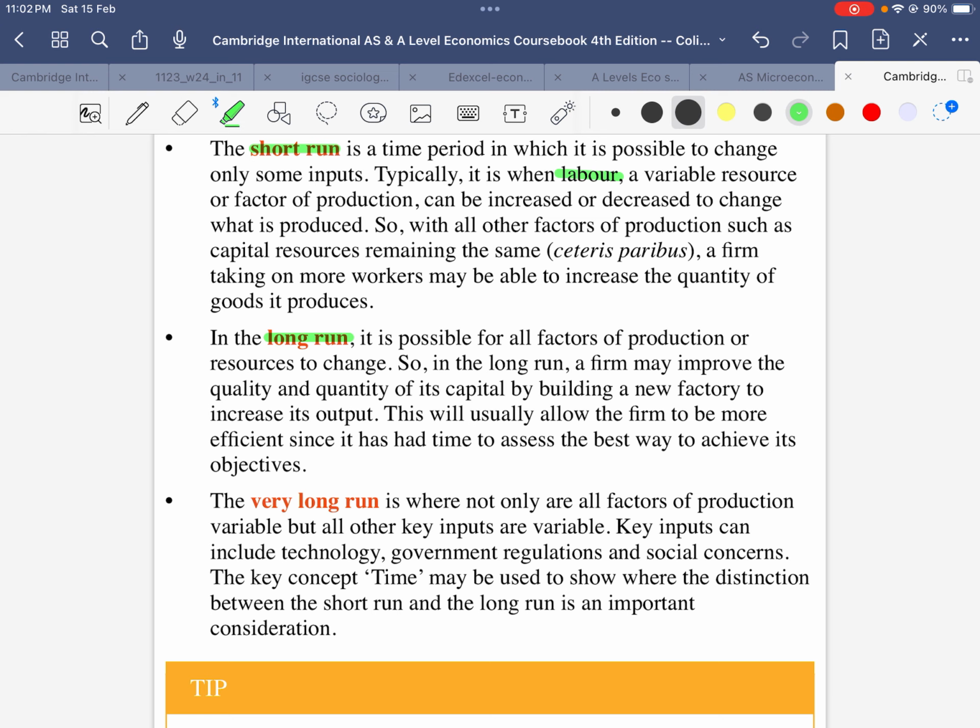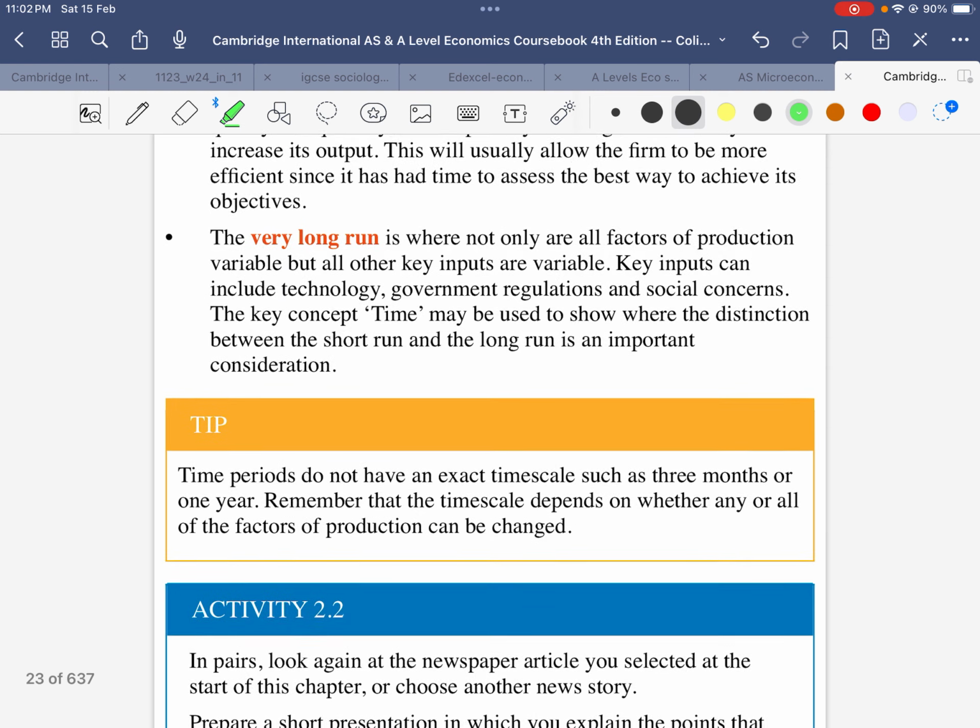In the long run, you can maximize profits by bringing down cost, because you will be able to alter all factors of production, including capital, labor, and all other factors of production including land, which are variable. The long run period allows firms to be more efficient, meaning they have time to assess what they should include, how much they should include, and they have time to arrange for factors of production as well.